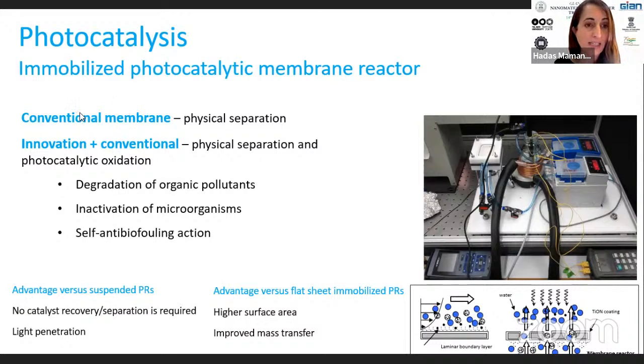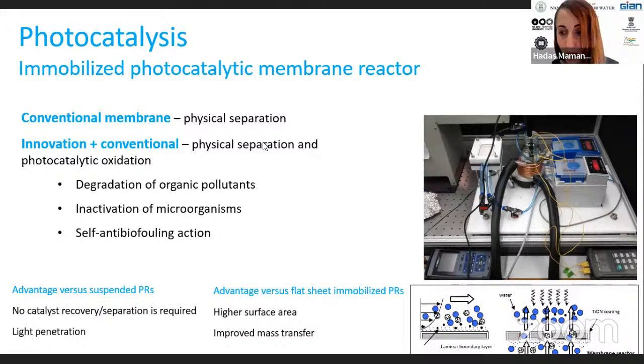We can immobilize the photocatalyst onto different supports. For example, a conventional membrane is only a physical process, but we can combine the membrane with a photocatalyst that will be activated by light.